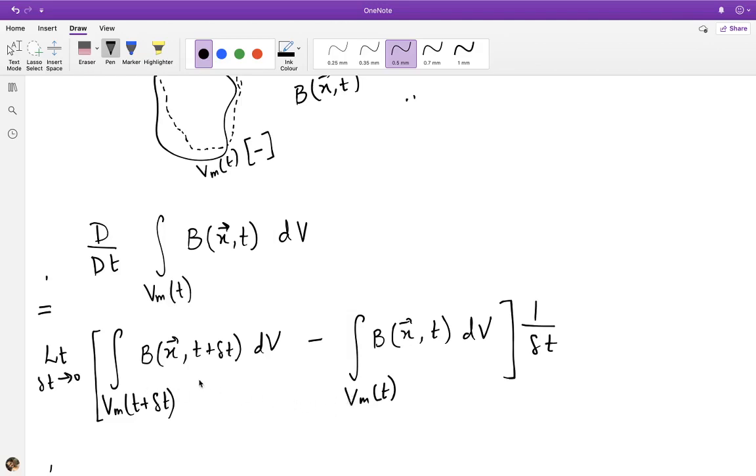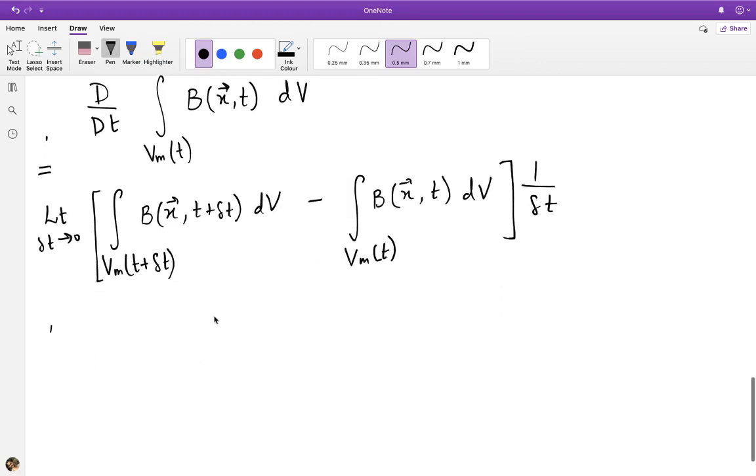Alright, so to make progress here, we shall now add and subtract B at t plus delta t, but integrated over the volume at time t. You can view this as breaking up this difference into its two parts, because one part of this difference arises from the internal time dependence, and another part arises from the change of the limits of integration.